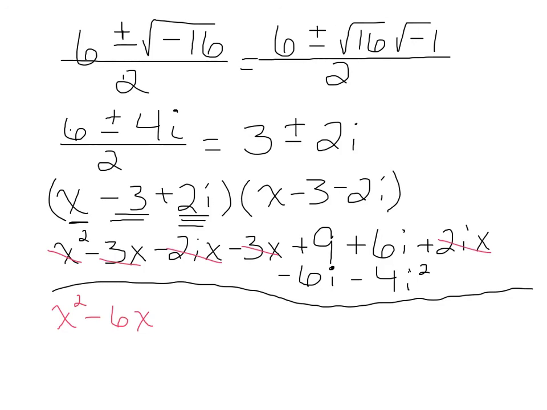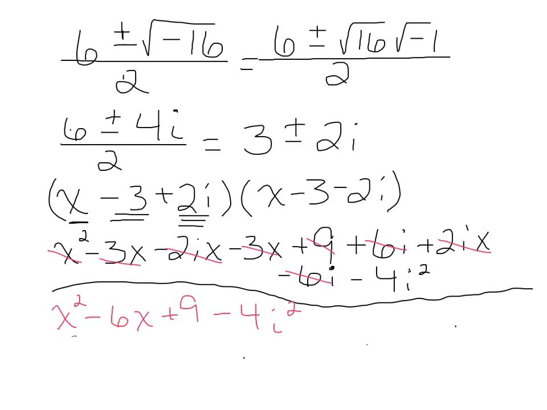I have a plus 9. I have a plus 6i minus 6i, so that's 0. And then I have a minus 4i squared.